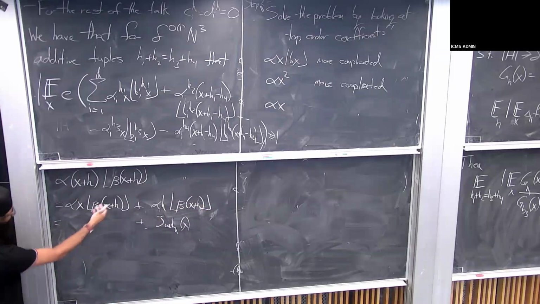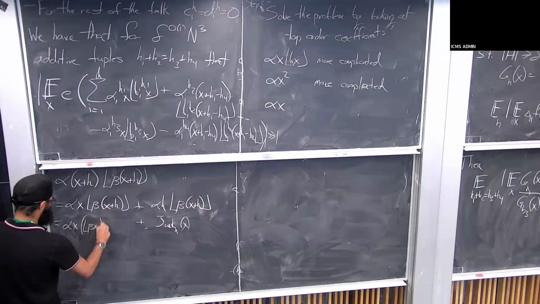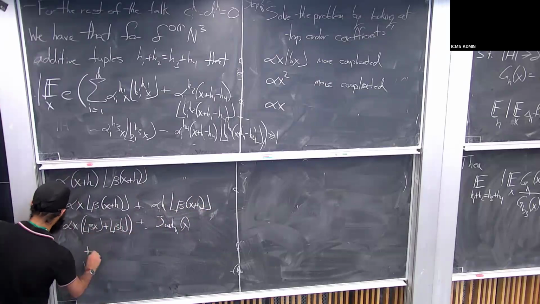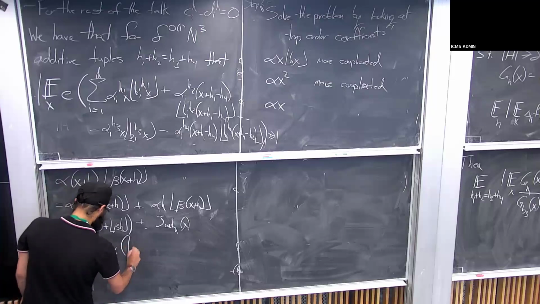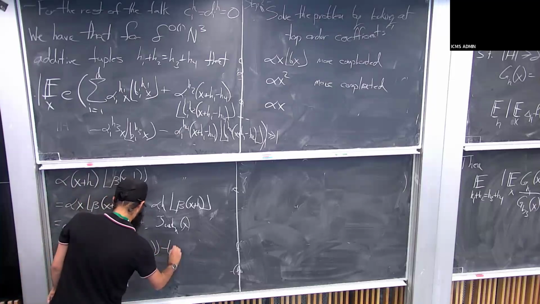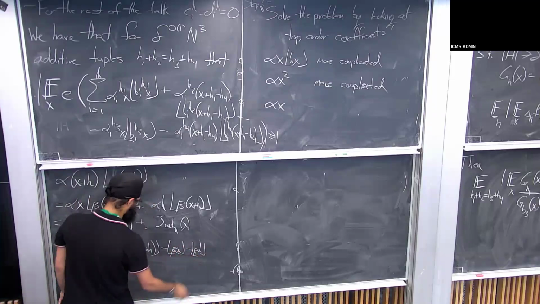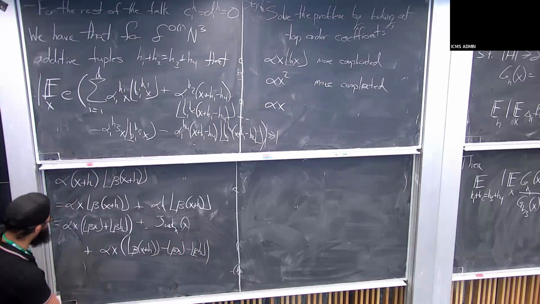Then I try to make the fractional part linear. So I write this as beta X plus beta H plus alpha X times something. Essentially by the manipulation, I only care about this expression mod 1.